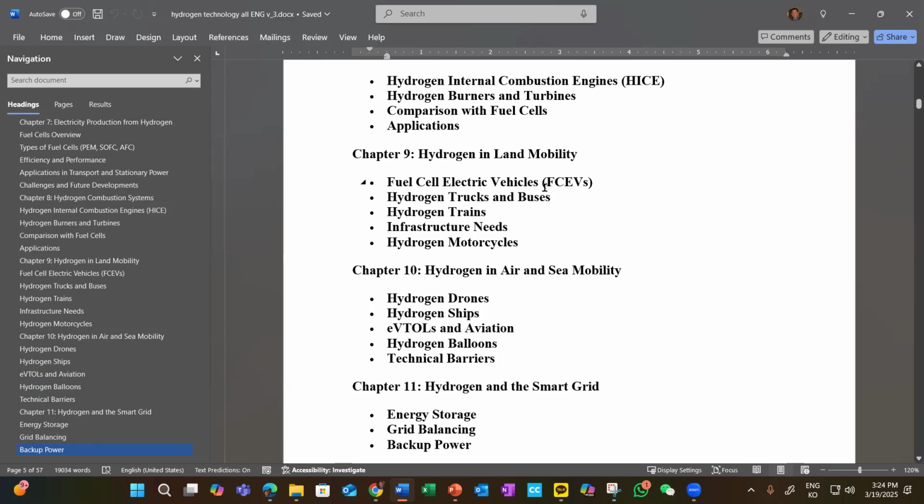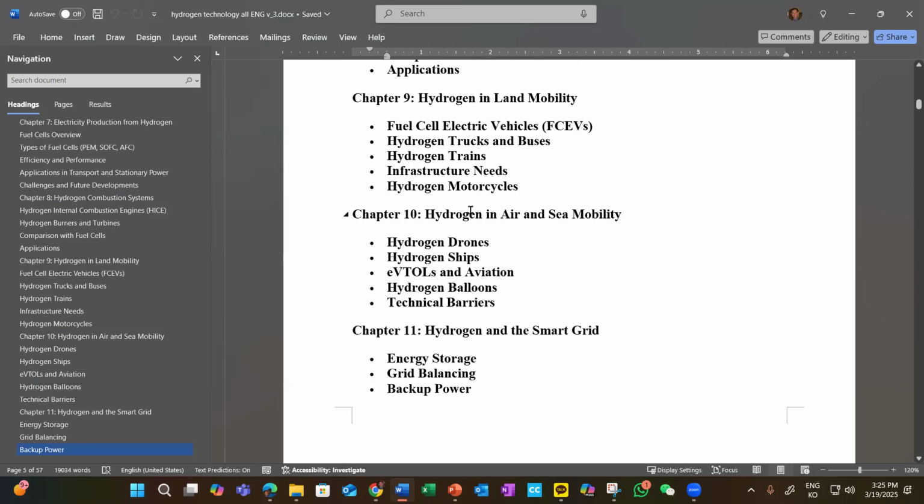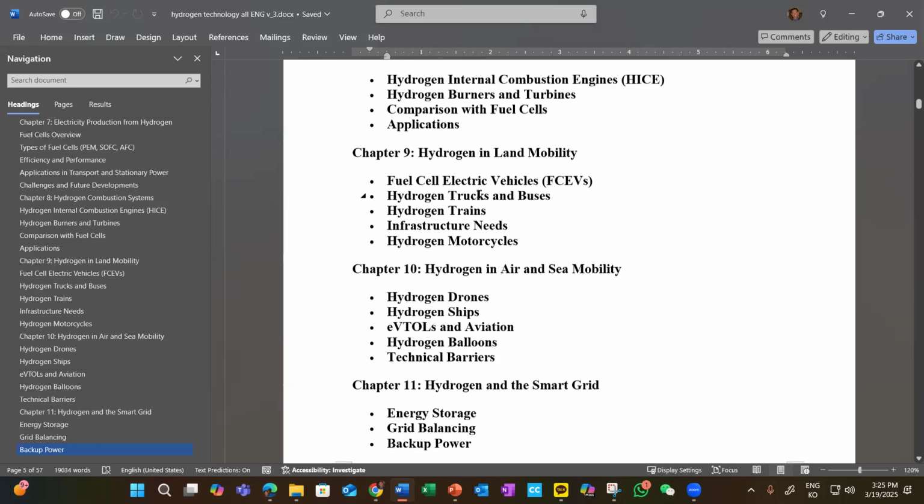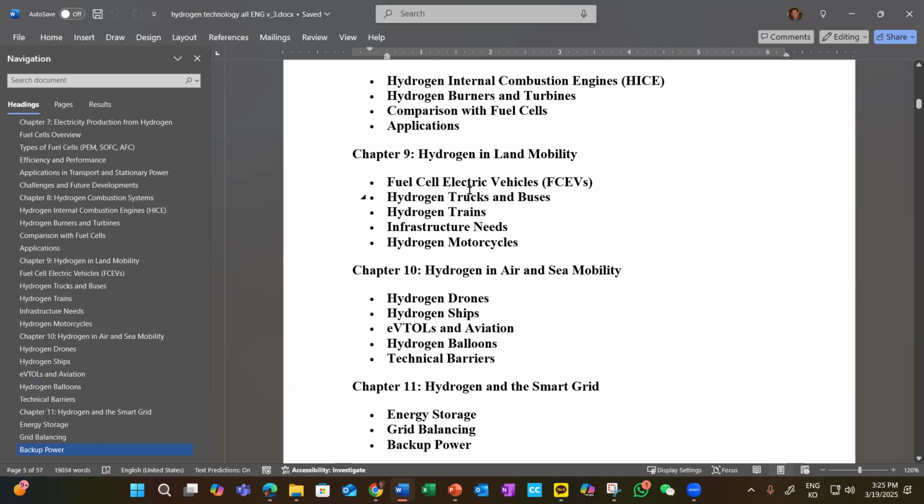Globally, a lot of automotive companies are trying to develop fuel cell electric vehicles, and hydrogen trucks, buses, trains, and infrastructure. And last week, the homework was mainly related to this technology, fuel cell electric vehicles, compared with just regular battery-type electric vehicles.